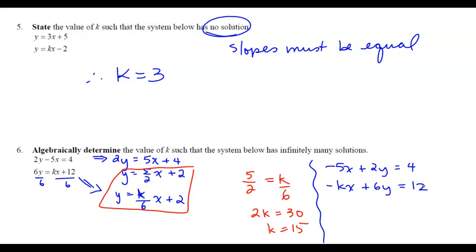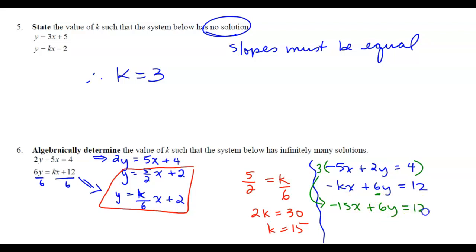And so now, either they're parallel and coincident or parallel and distinct, so we want to make this have the same coefficient of y. So we would multiply by 3 to make it 6y. So that would be negative 15x plus 6y equals 12.